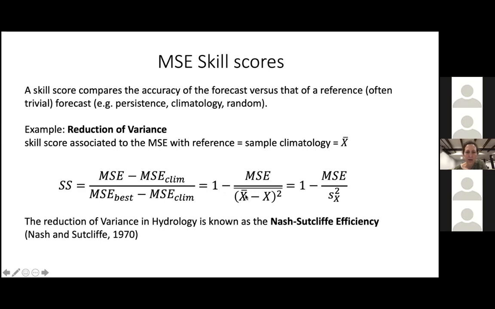And the mean squared error of the reference, the sample climatology minus the observations, that will be the trivial forecast. So this is essentially the mean squared error over the observation variance. And this is known in hydrology also as the Nash-Sutcliffe efficiency.